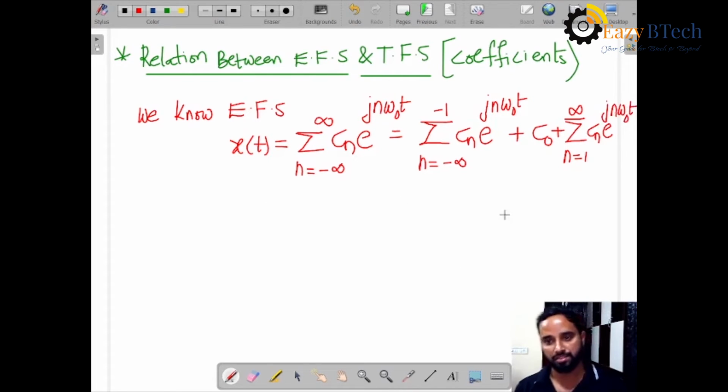The summation is written like this: minus infinite to minus 1, 0, and 1 to infinite.